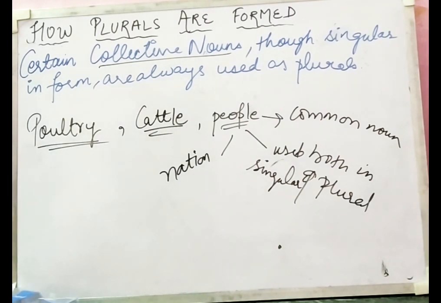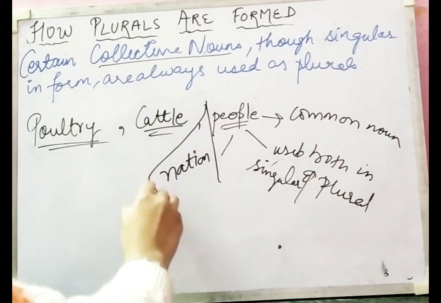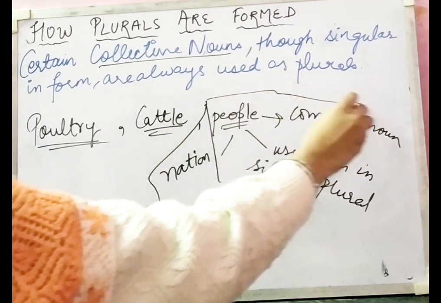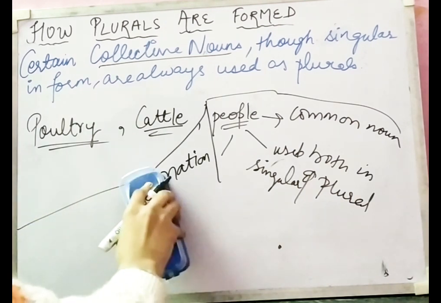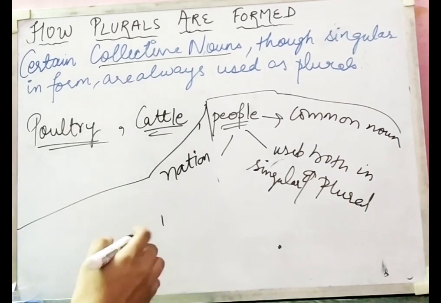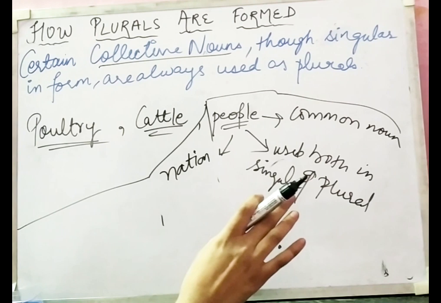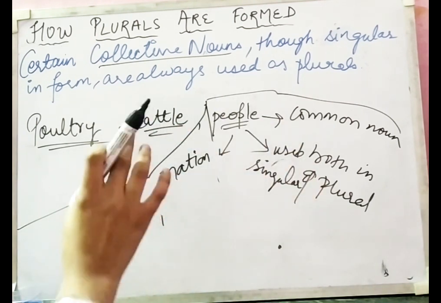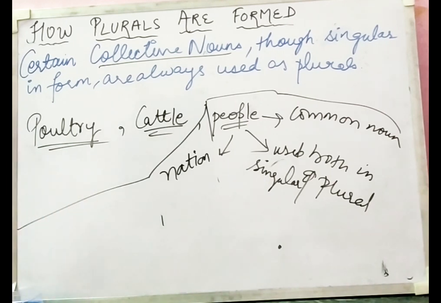Similarly, what's the example of this? I'm talking about this people only. Means here, this is saying that one people is denoted as nation and one is used in both singular and plural, and it is a common noun. Like what? The Japanese are a hard working people. Japanese जो है वो hard working people है.